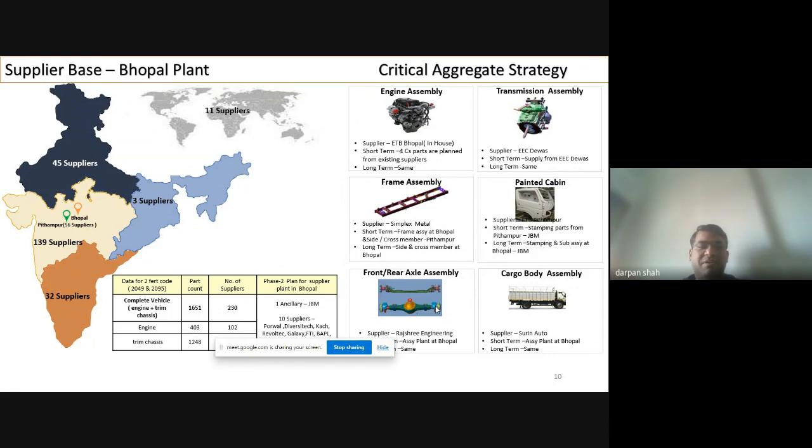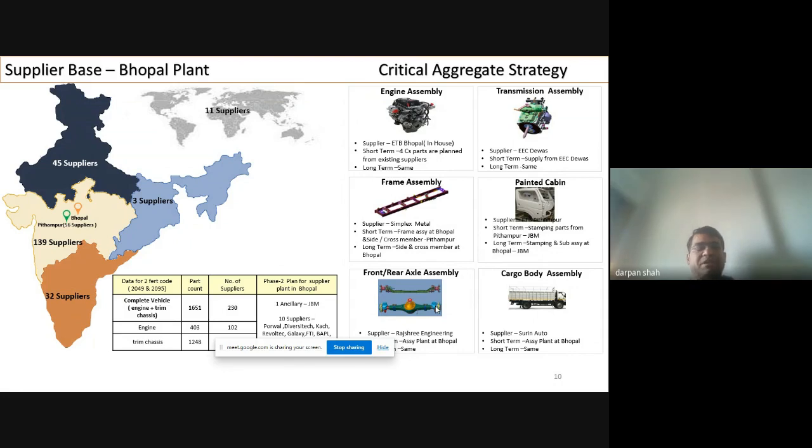The number of parts getting manufactured is more, but if I see at the assembly level, in the assembly line where the finished product comes into the picture, overall 1651 parts are there approximately, and the categorization is also mentioned.